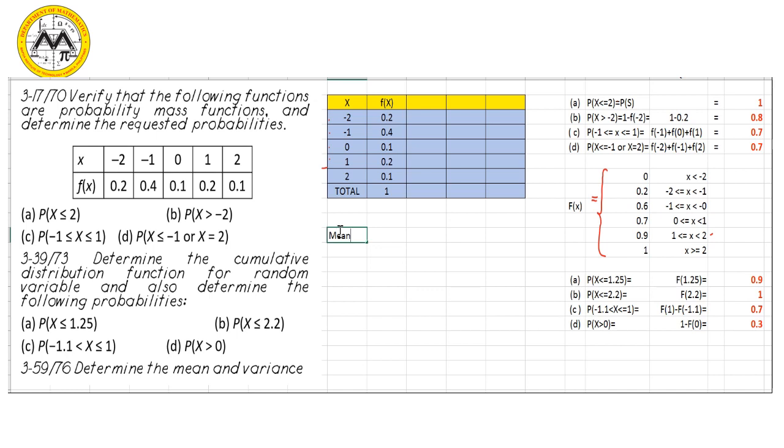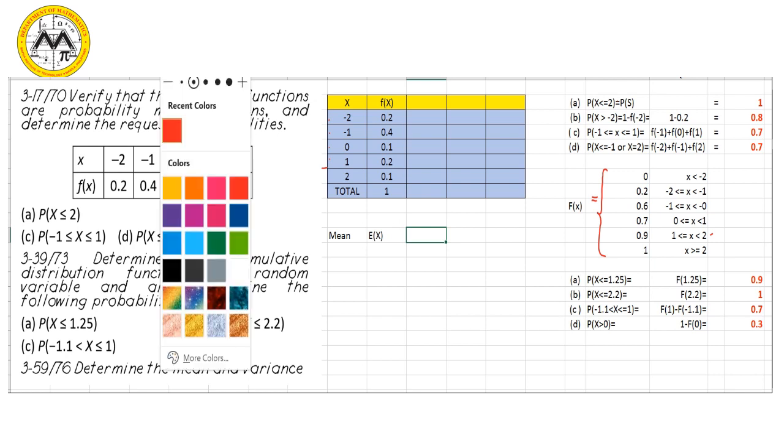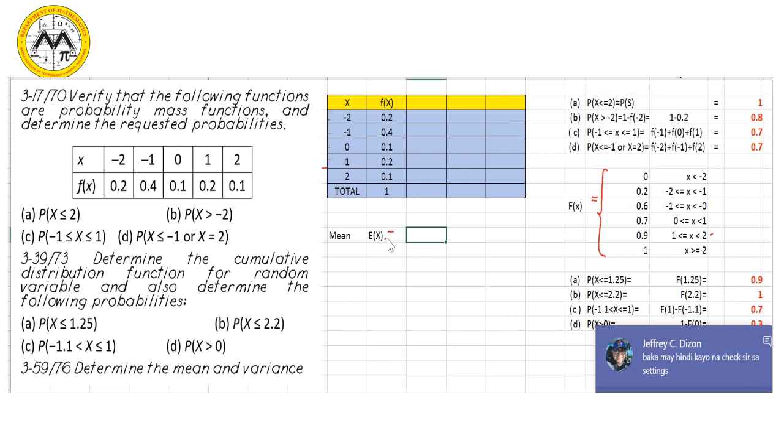So the mean is equal to the expected value of x, which is equal to mu.